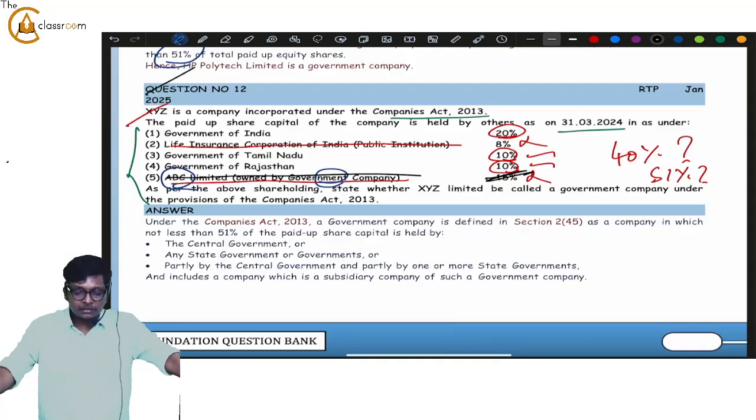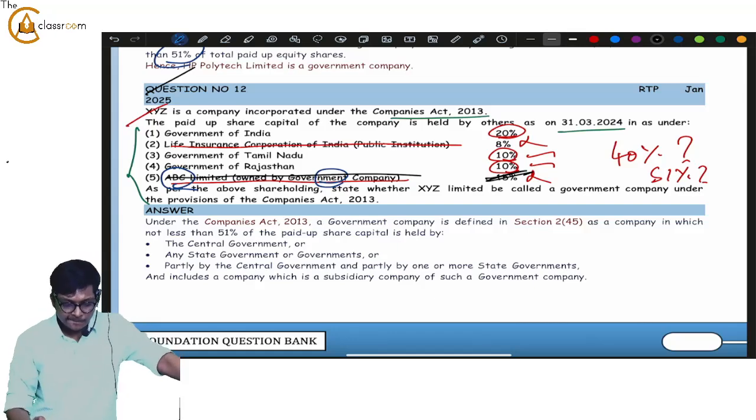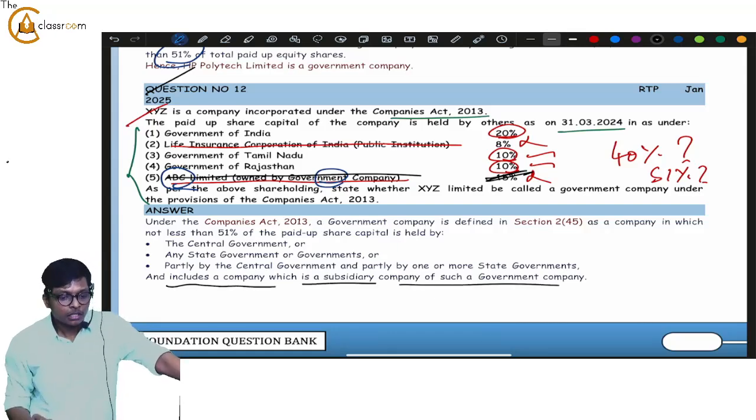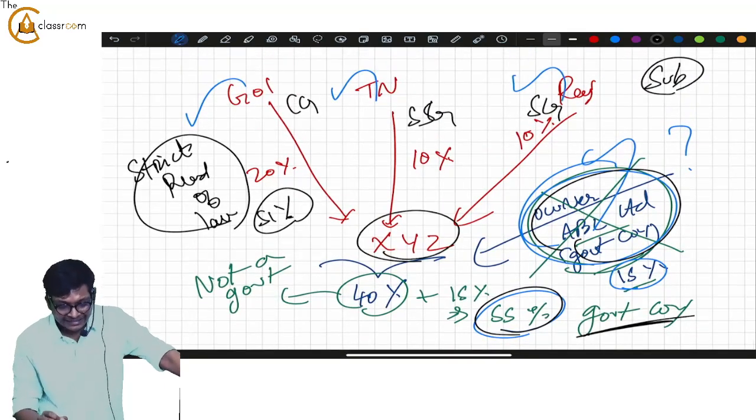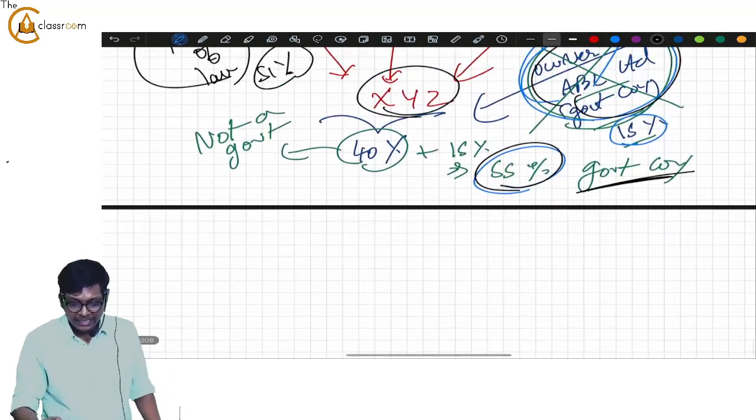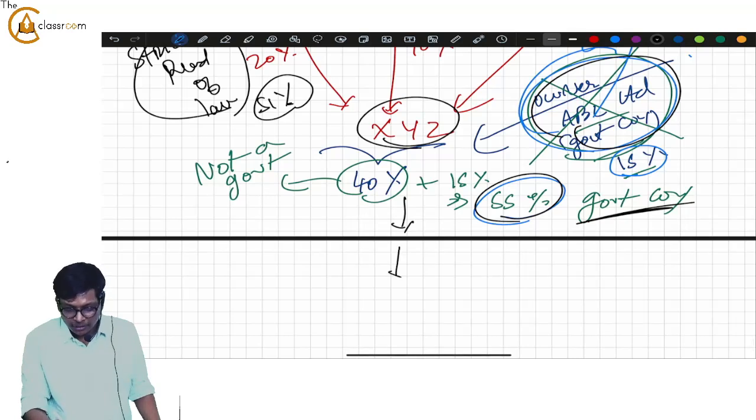Anybody has doubt in question number 12? And includes a company which is a subsidiary of such government company. That means if XYZ is a government company, XYZ will have a subsidiary.